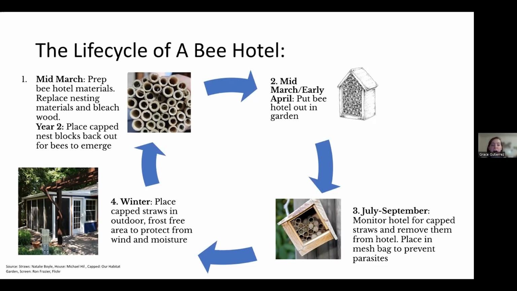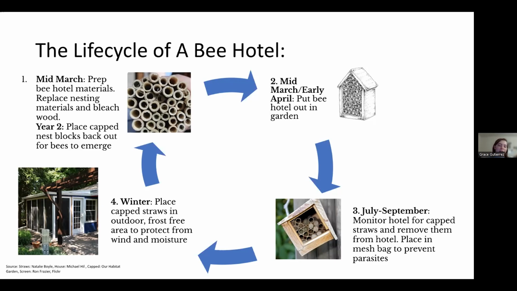I guess one thing to mention is that if you do have capped nest blocks, around mid-March on your second year of being a bee hotel owner, you want to place those capped nest blocks back out in either the bee hotel, or some people have emergence tubs, which are basically boxes that have holes in them for the bees to emerge from.